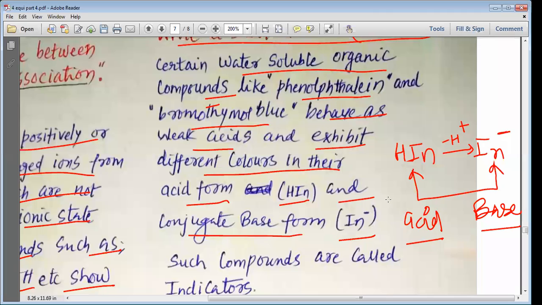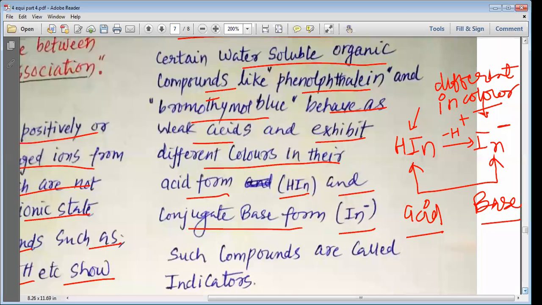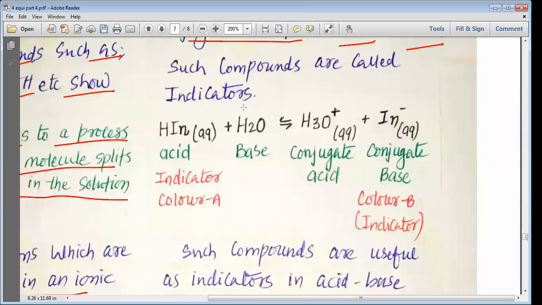In this pair, you can see that they are different in color. So this HIn and In minus actually behave as an indicator and show different colors. Such compounds are called indicators.